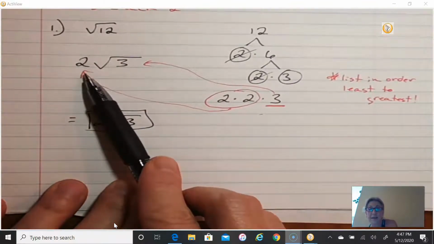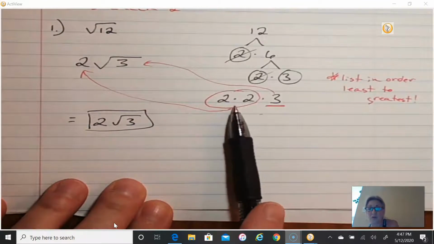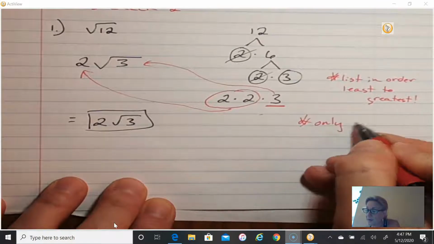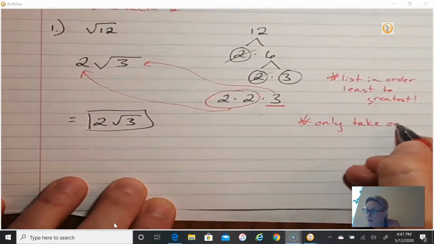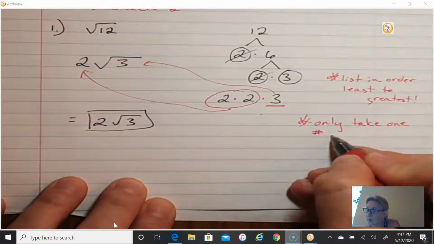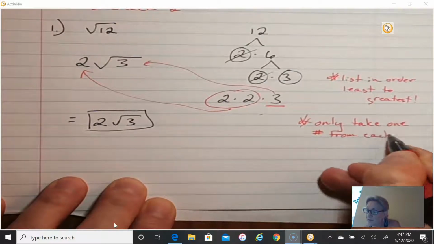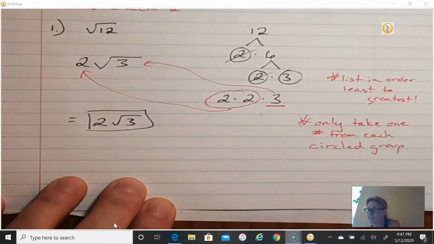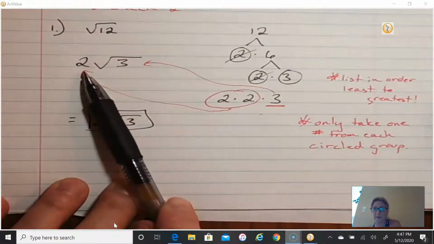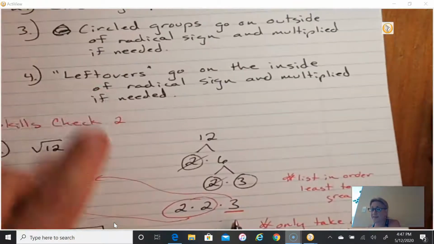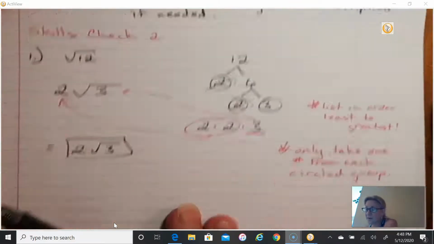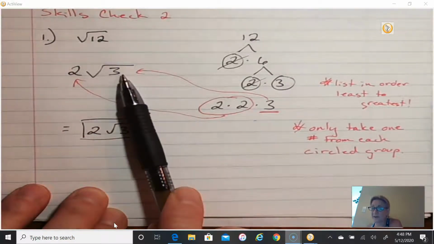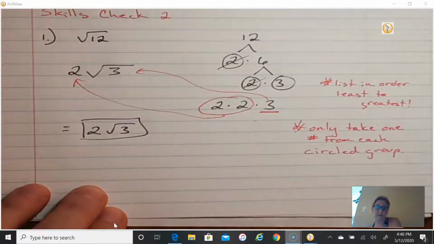And you only take one number from each circled group. Step 4 says leftovers go on the inside of the radical sign. Whoops, I just stabbed myself. 3 is your leftover. It went on the inside. Boom, we're done. That's it.